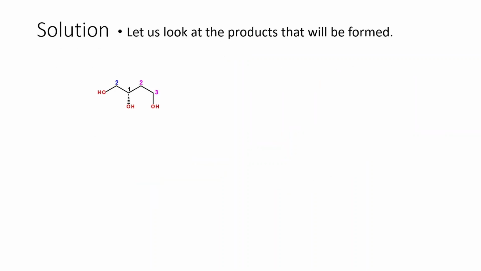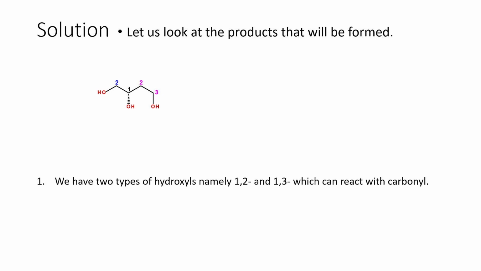Let us look at how the reaction proceeds. We have a 1,2-diol in the compound. Similarly, we have a 1,3-diol also present in the compound. Now the competition is between the protection of the 1,2-diol versus the 1,3-diol. They both can react with the carbonyl compound.